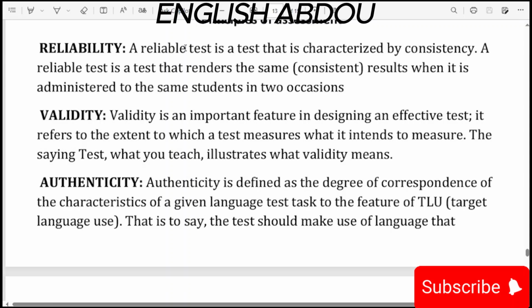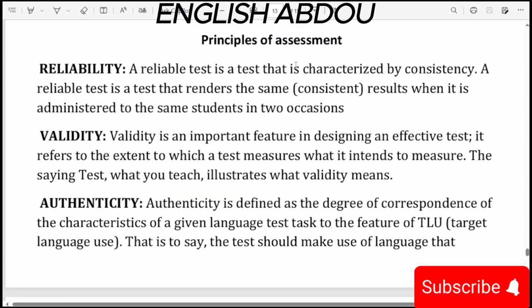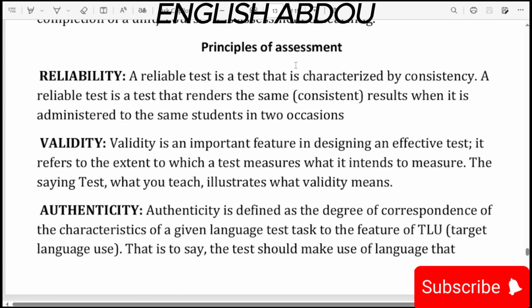Now, the principles of assessment, in order to have a reliable and valid assessment. When it is valid, we call it validity, and when reliable, it is reliability. For example, reliability: a reliable test is a test that is characterized by consistency.